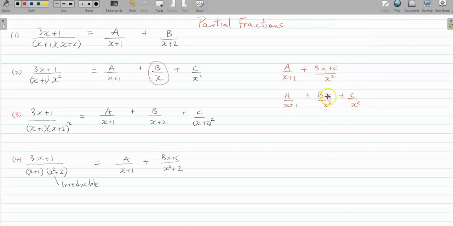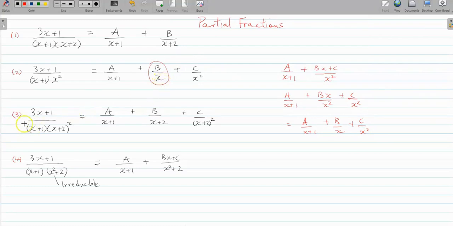We can cancel out this. So what we would have is a over x plus 1 and b over x plus c over x squared. And that's the reason why we have b over x.